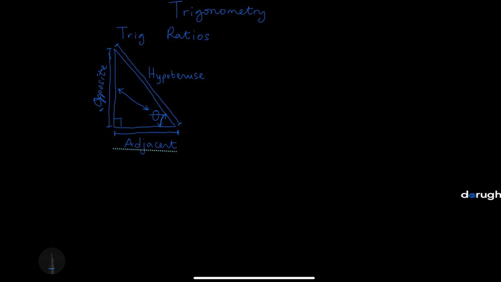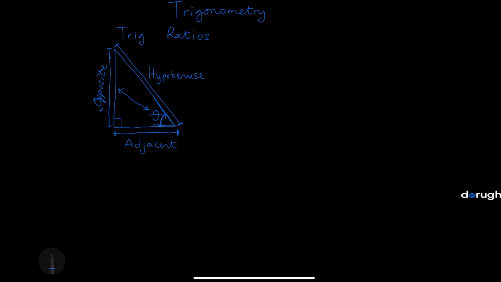Another way of noting it is that the adjacent side, which is this one, joins the hypotenuse side to form the angle that we are trying to locate.